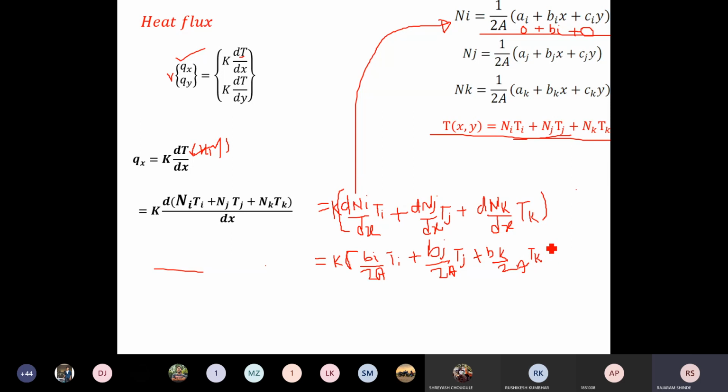Okay, now we will get this derivative. Now when we take 2a common from this, you will get this equation. You see here, k by 2a: if I take this 2a out of the bracket, I will get k by 2a into (bi ti plus bj tj plus bk tk).